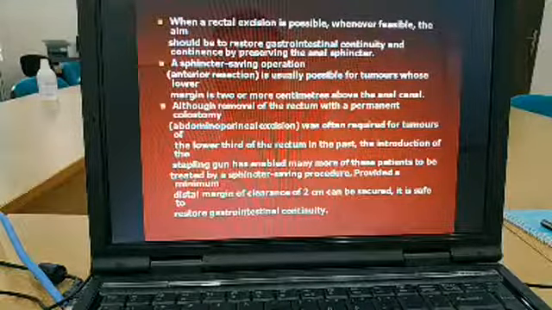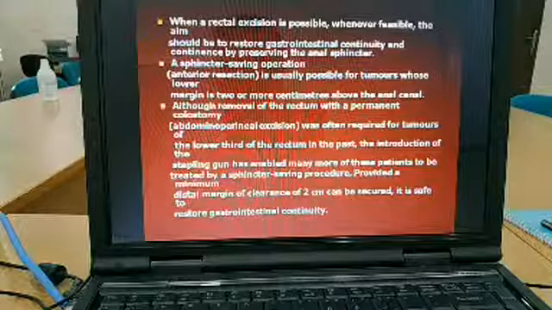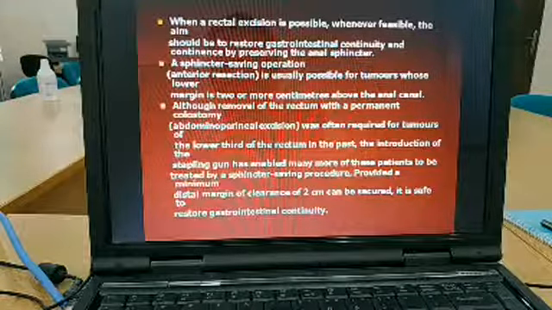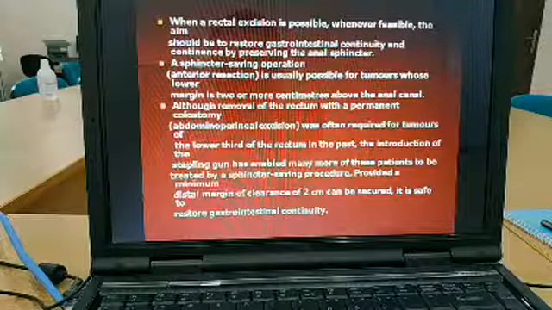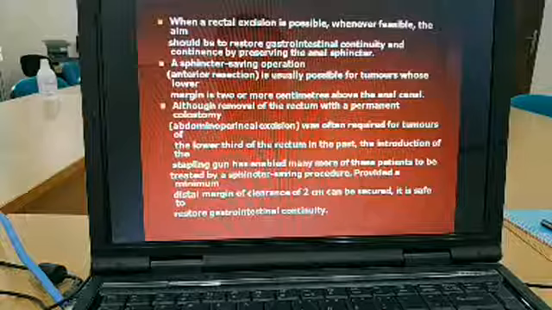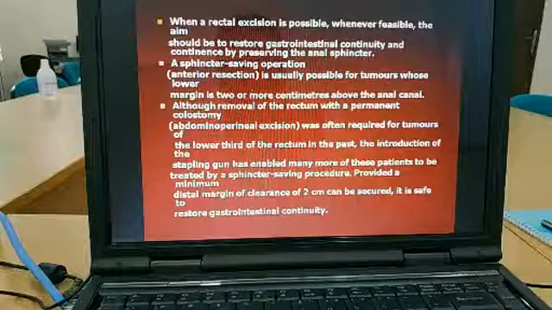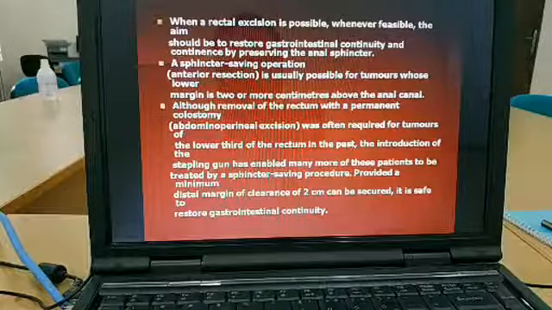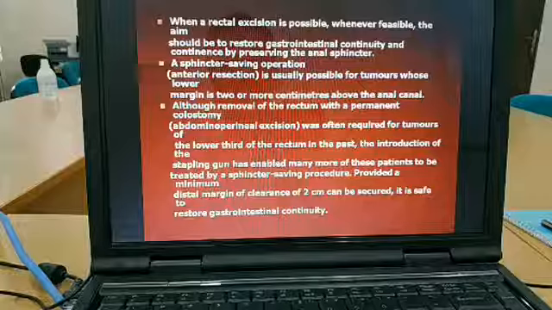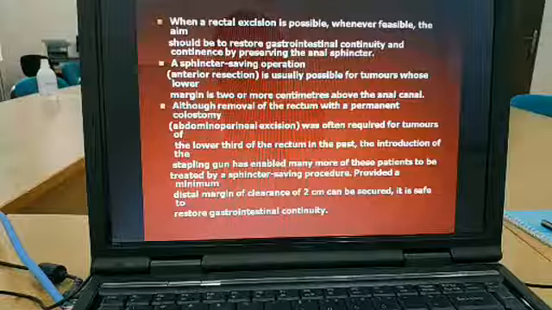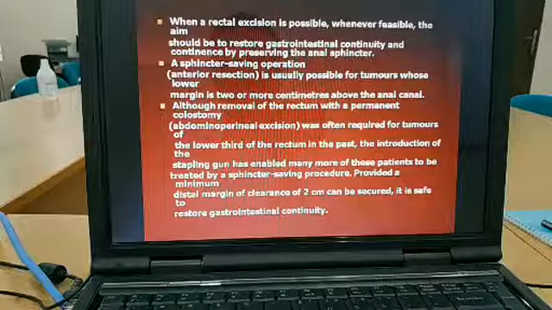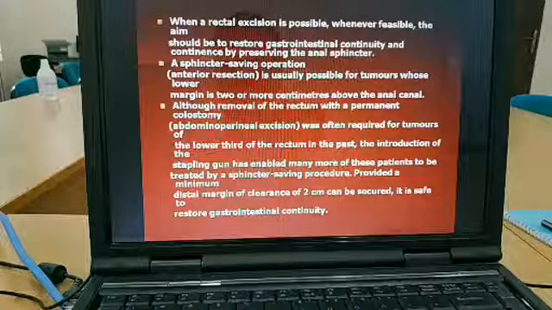Nowadays, modern technology has been introduced into medical science, especially in the surgical field. We are using the stapling gun. I think you have seen in the operation theaters, different types of stapling guns are used by surgeons. There are circular staplers, linear staplers, linear cutters, and so on.